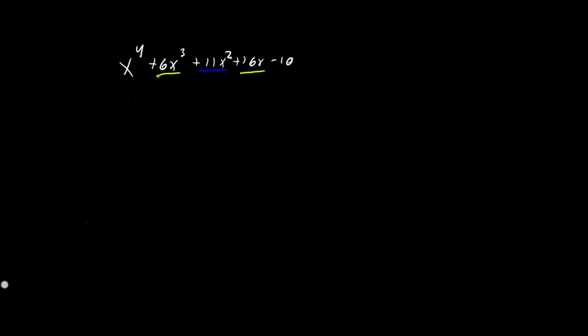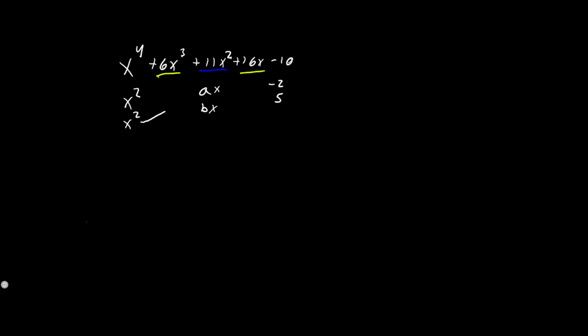So we're going to have to make our two quadratic factors. And we want to find the two numbers that would give us our two quadratic factors. So here we have negative 2 and 5, or 2 times negative 5 and negative 2 times 5. So we're going to try negative 2 times 5.